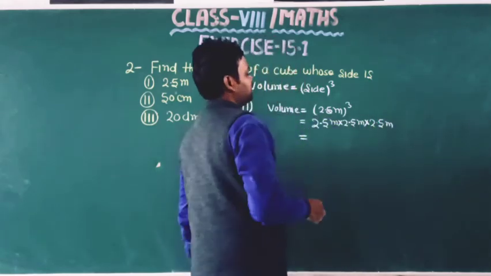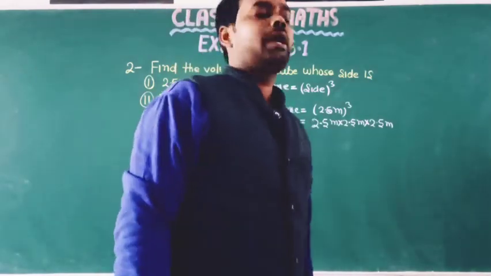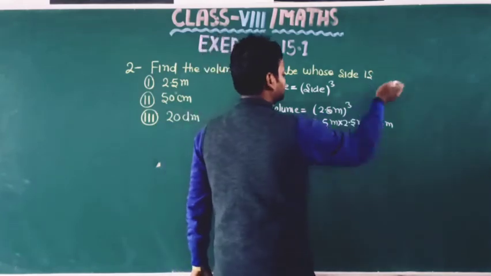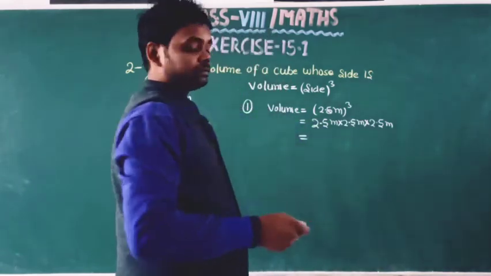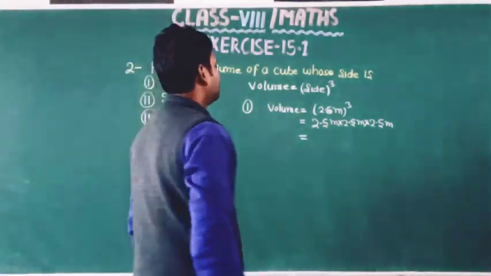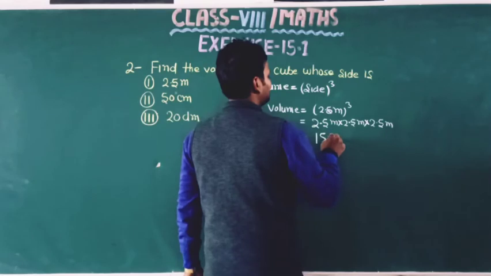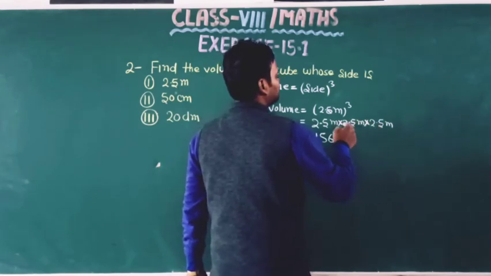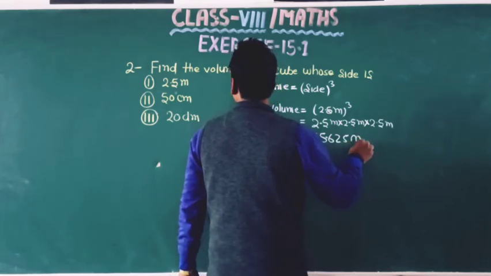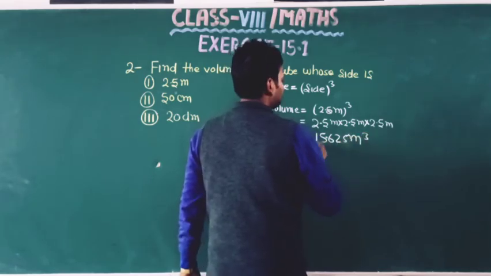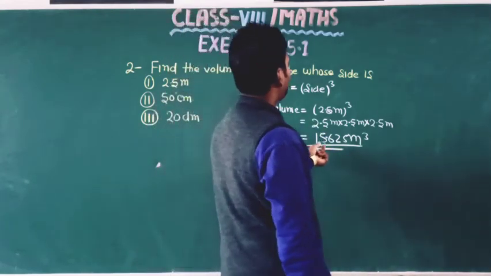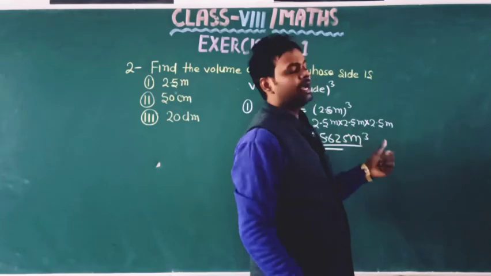Taking the product of 2.5, 2.5, 2.5, we get 15.625 meter cube. The volume of the cube whose side is 2.5 meter is 15.625 meter cube.